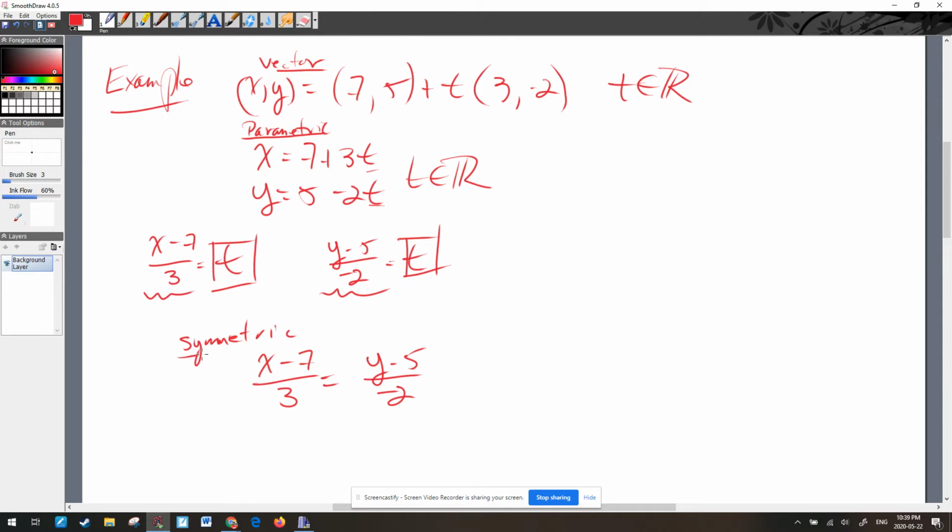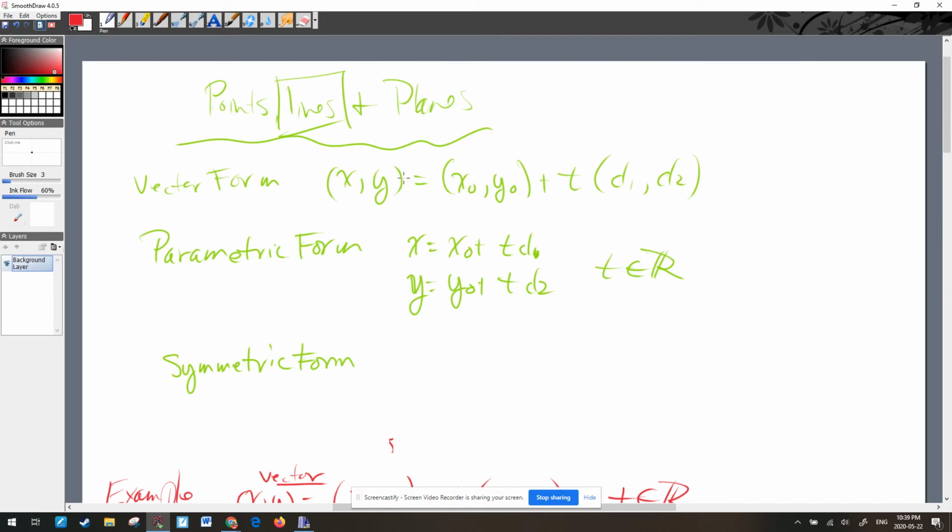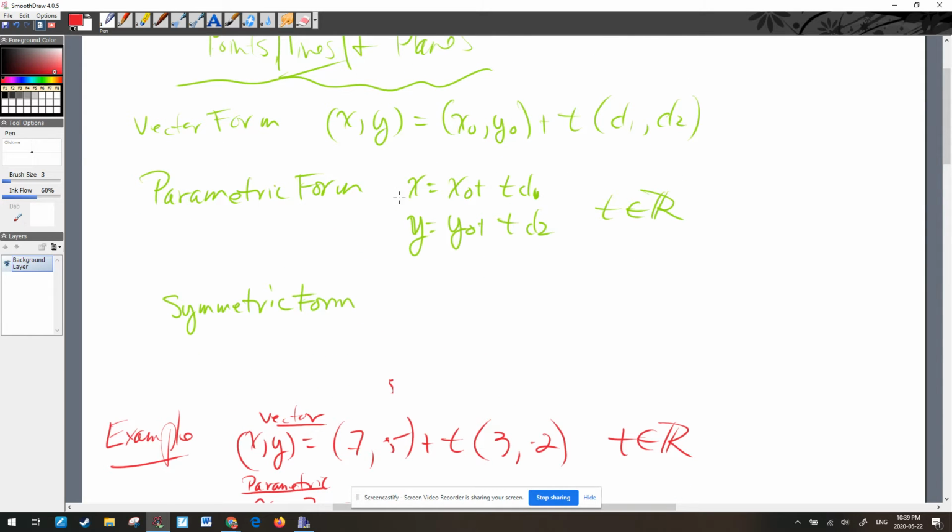If we think about generalizing, and I solved for t in the general form, we would have x minus x naught over d1 equals y minus y naught over d2. And that is the general symmetric form.